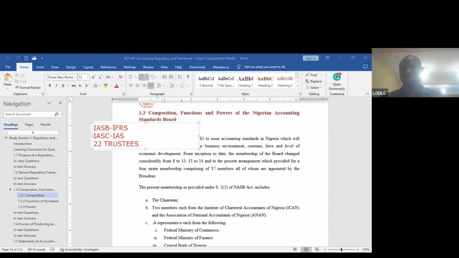IFRS Interpretation Committee. So, I said ISB, they are formerly known as ISC. So there's just a little difference. ISC, they are the ones who were responsible for issuing IAS, that is International Accounting Standard, while the ISB are the ones saddled with the responsibility for producing IFRS. So ISB currently are based in United Kingdom, that's UK.